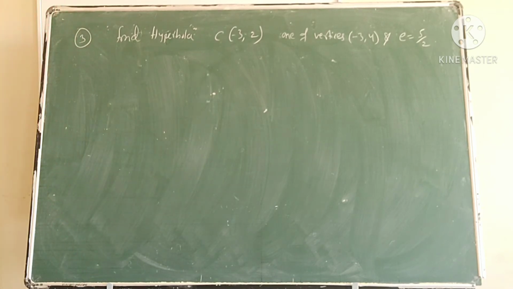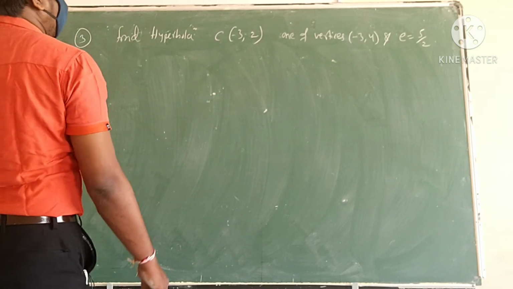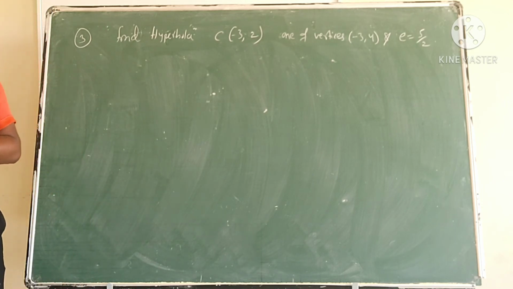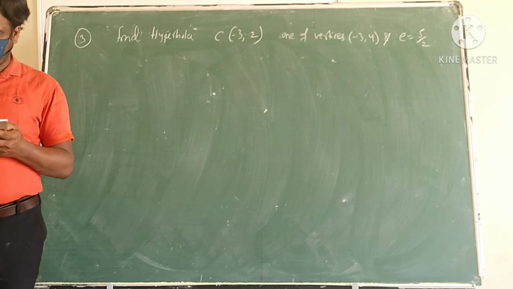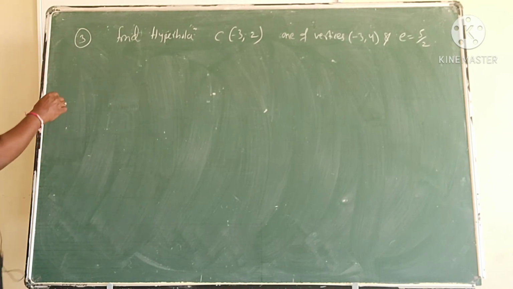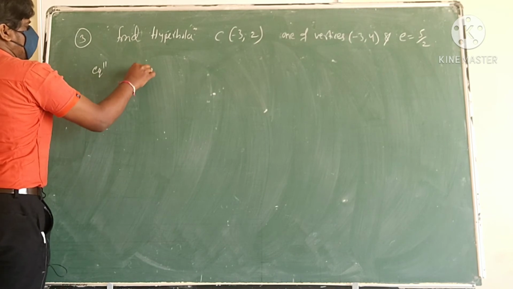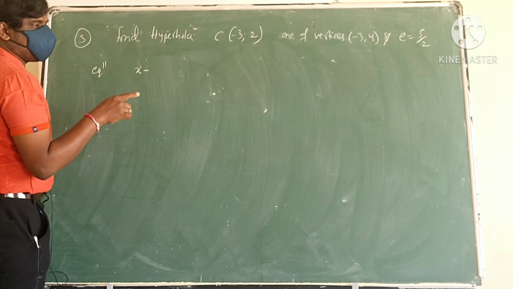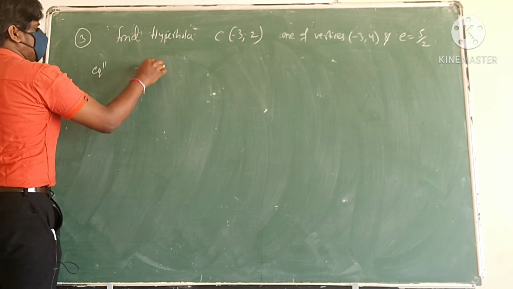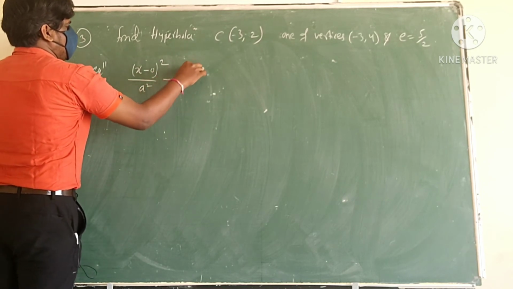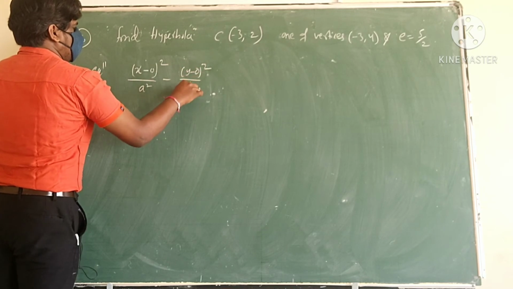See here, they given the center of the hyperbola and one of the vertices. Eccentricity is equal to 5 by 2. You have to find the equation of the hyperbola. What is the equation of hyperbola? Tell me. X minus center is given. See here, x minus 0 whole square by a square minus y minus 0 whole square by b square is equal to 1.